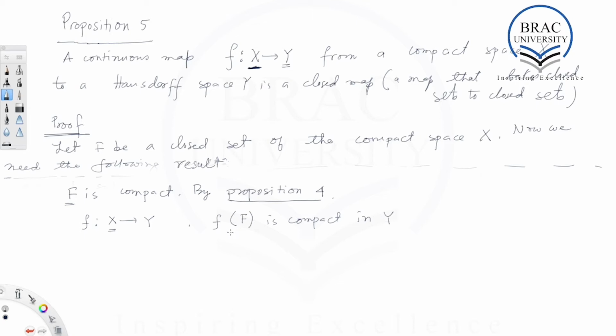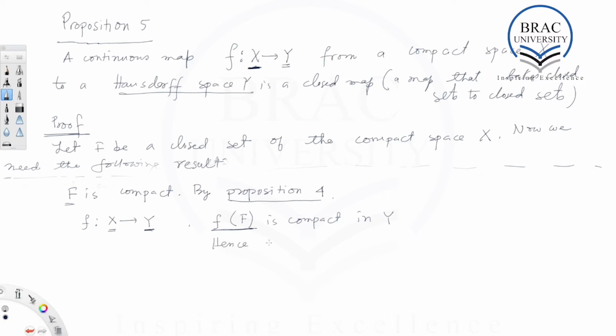which states that every compact subset of a Hausdorff space is closed. So since Y is Hausdorff by assumption, then the compact set f of big F in Y has to be closed.